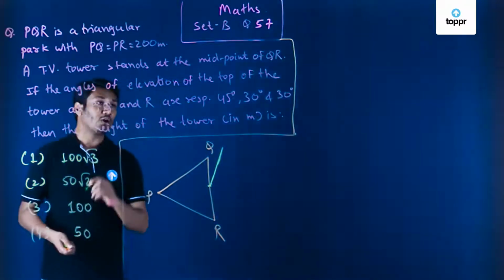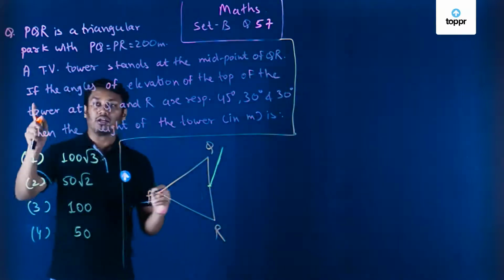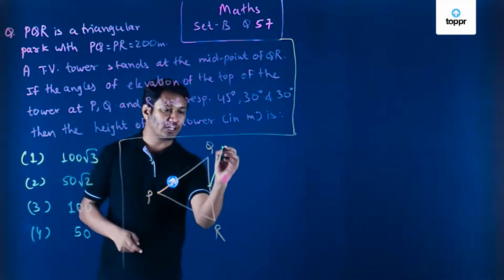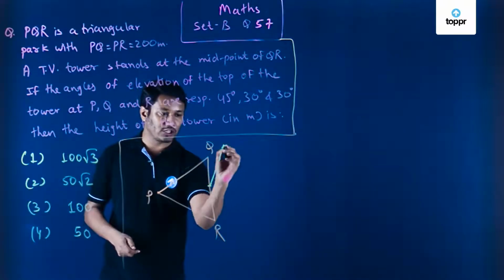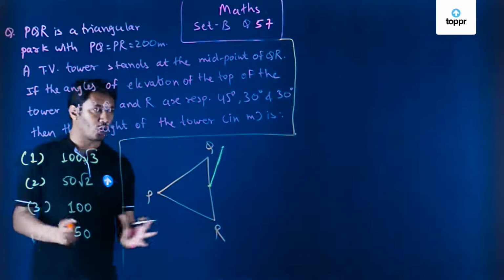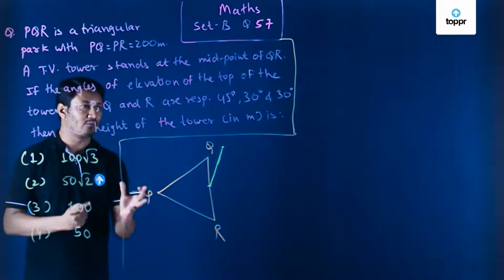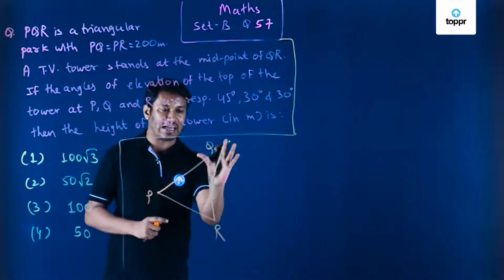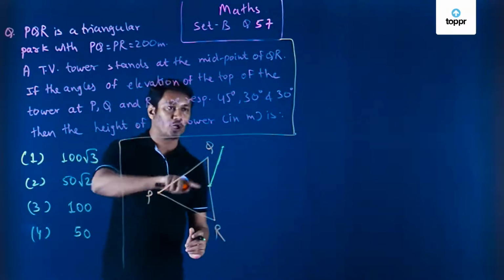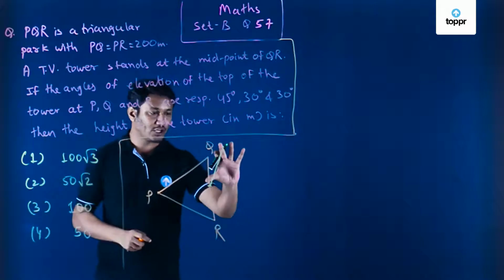All right. Now what else is given is that the top of the TV tower is making angles with point P, with point Q and with point R. Now let's not draw this, that will make the diagram look very messy. We will draw them separately, but yes, the angles of elevation are given with all the 3 points and we have to find out this height.